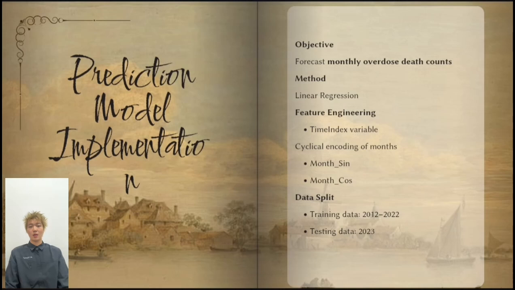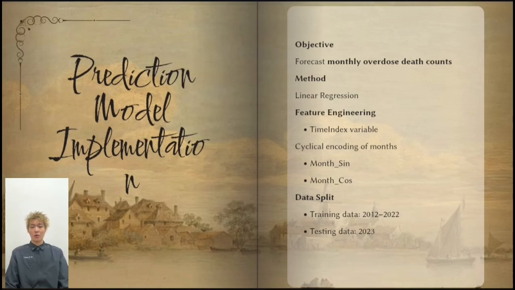So we grouped the data by year and month and counted how many cases happened in each month. After this step, we got a time series dataset with 144 data points. These data points show the number of deaths each month from 2012 to 2023.